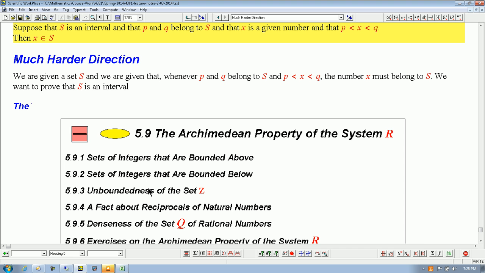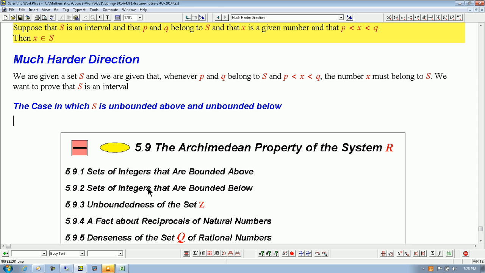The case in which S is unbounded above and unbounded below. That's the case.